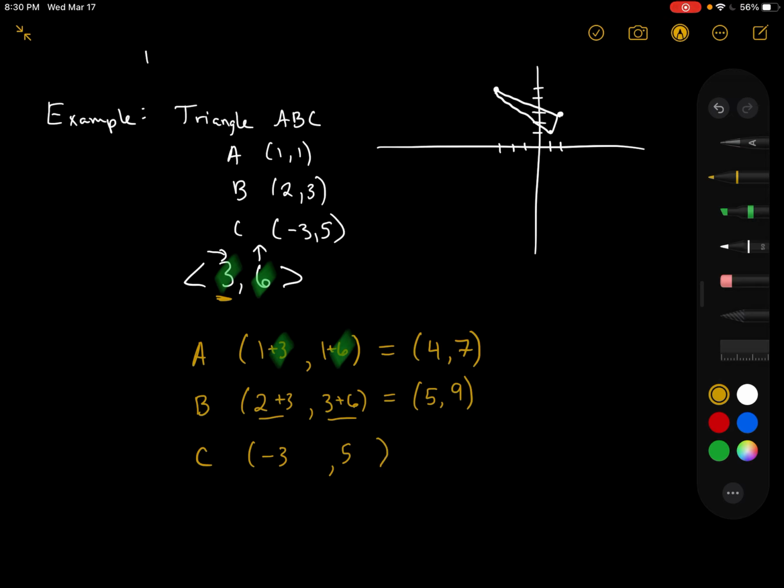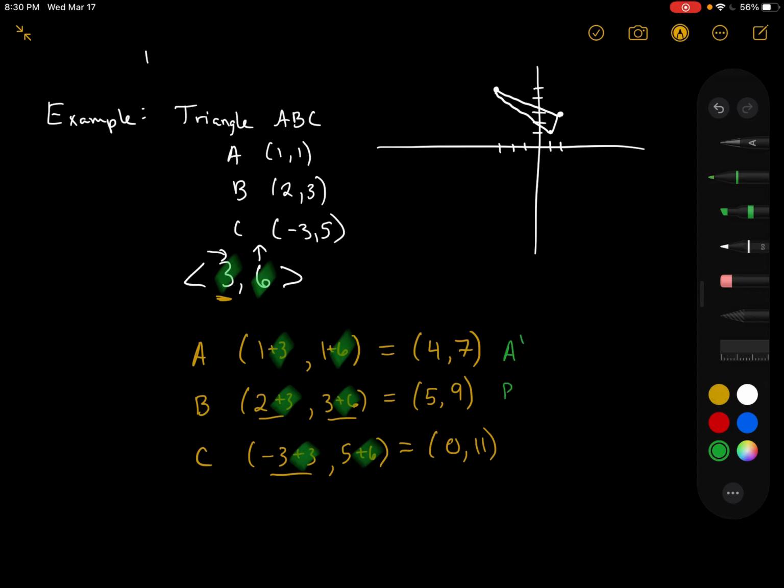The last point of this triangle is at (-3, 5). And again, one more time, we're going to add our 3 and add our 6. So we'll end up with -3 plus 3 is 0, 5 plus 6 is 11. So these are the new ordered pairs. And again, just to emphasize, we get the +3 and +6 from our translation vector.